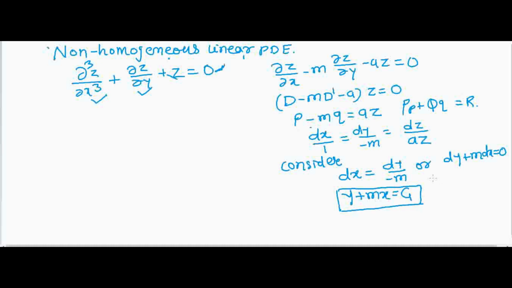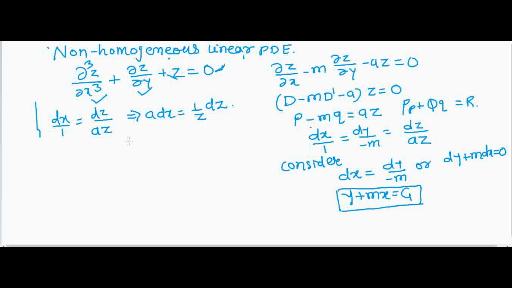Very easy. You can see that we have written this equation in terms of Lagrange's equation, then applied the auxiliary equations to get the relation between the variables. Now again consider the first and the third ratios: dx/1 = dz/(az). We can write it as a dx = (1/z) dz.